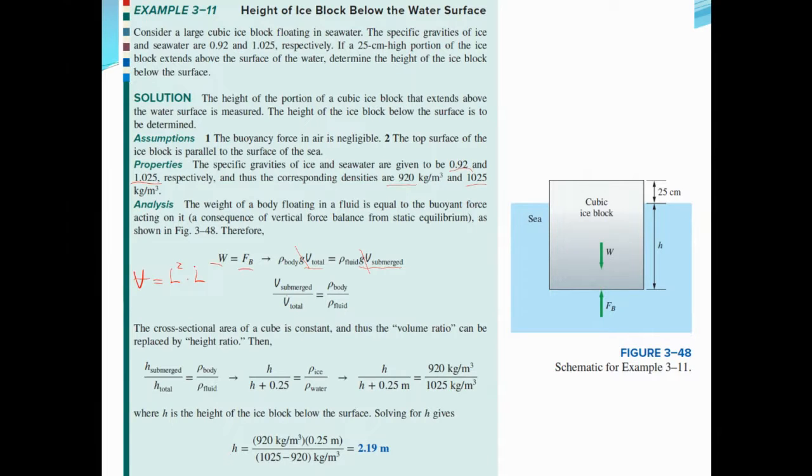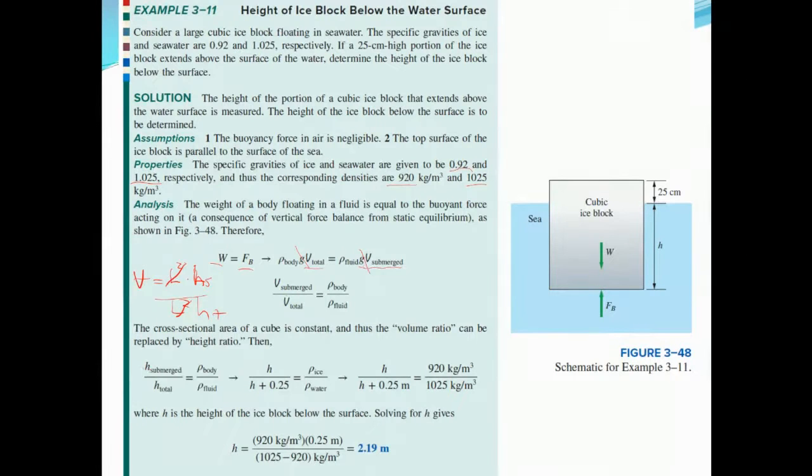The only thing that varies is the height. Let me use L squared times h for the submerged part, and L squared times the total height. So L squared will cancel L squared, and here we have only the height submerged over the total height.